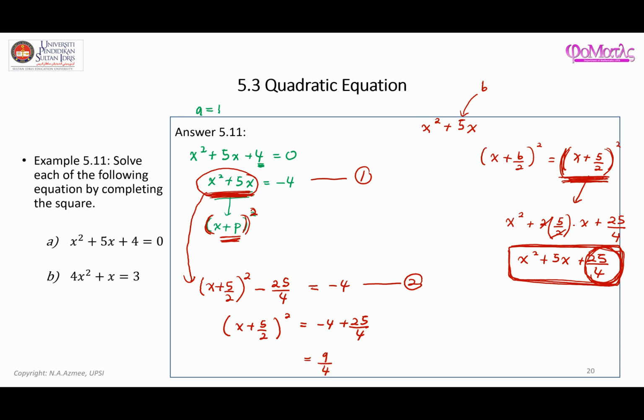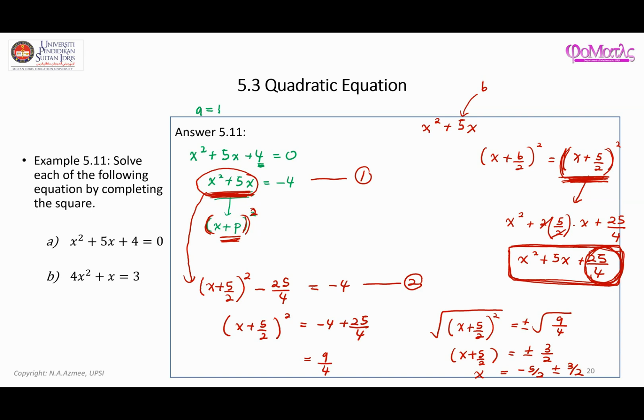Now, if I want to get rid of the exponent, I need to introduce the square root. So now, x plus 5 over 2 is equal to plus or minus the square root of 9 over 4. Then x plus 5 over 2 is equal to plus or minus 3 over 2. Therefore, x is negative 5 over 2 plus or minus 3 over 2.